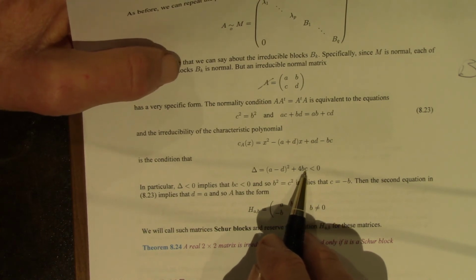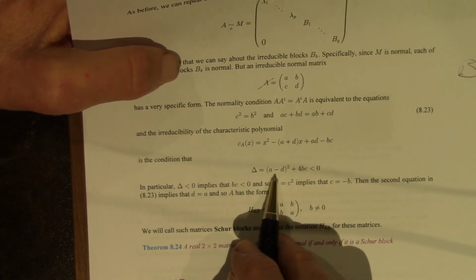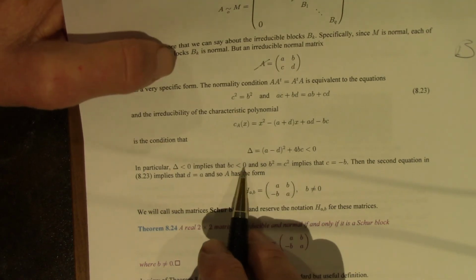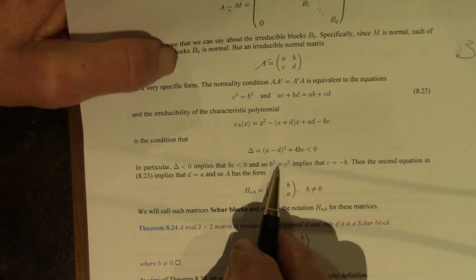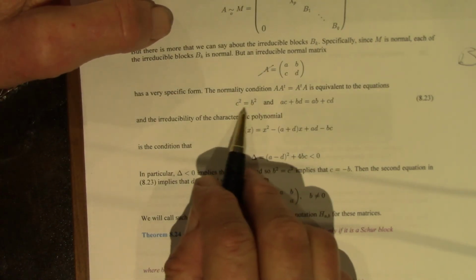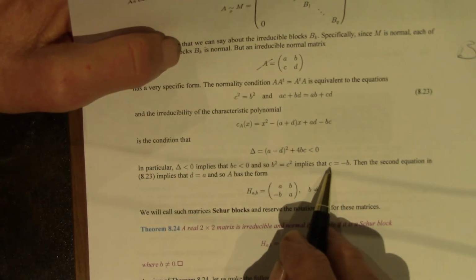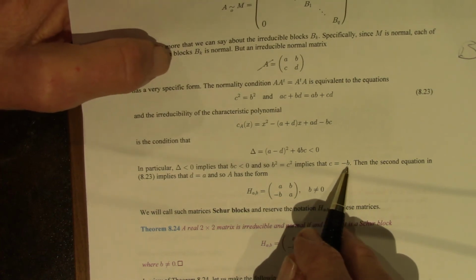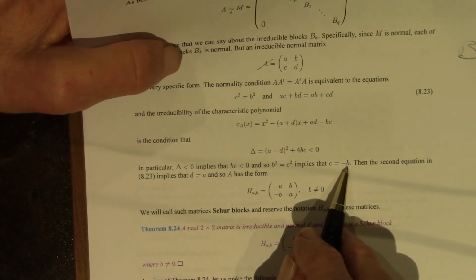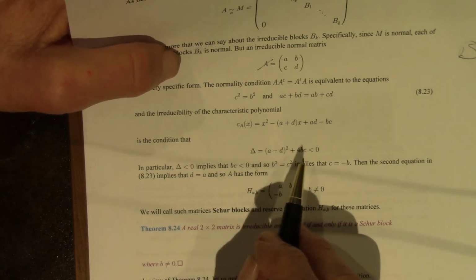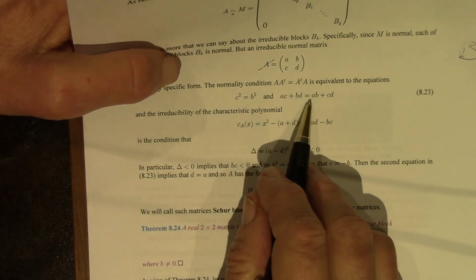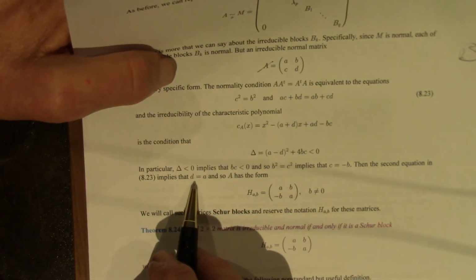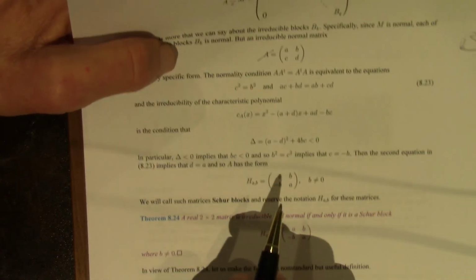If it was 0 or positive, since this is 0 or positive, this would be false. So BC is negative, but B squared equals C squared, so C and B have to be equal in magnitude but of opposite sign. And then when you use this fact in the second equation, you will discover that A and D have to be equal.